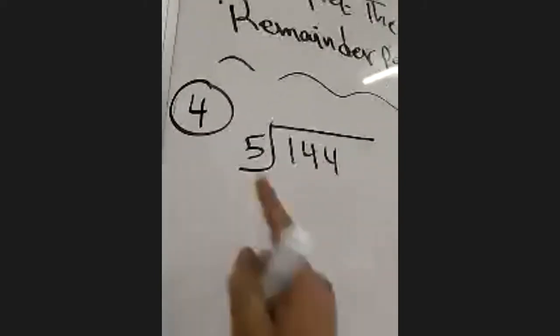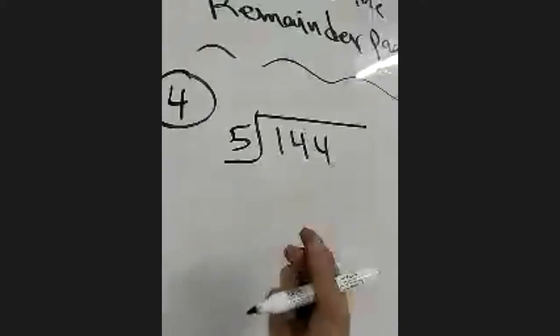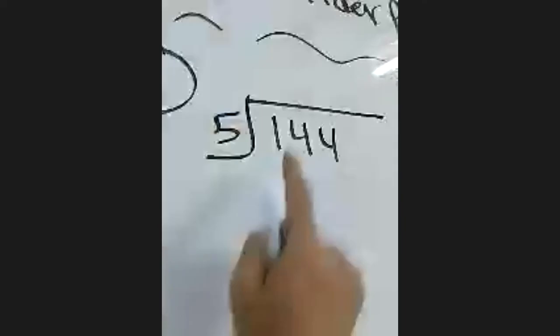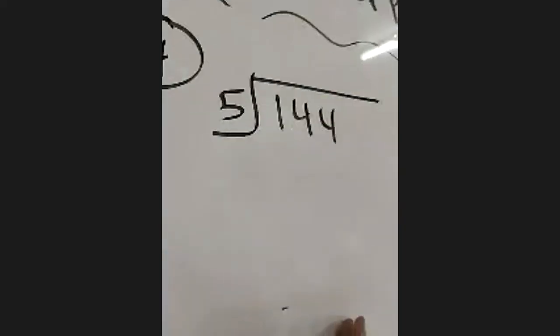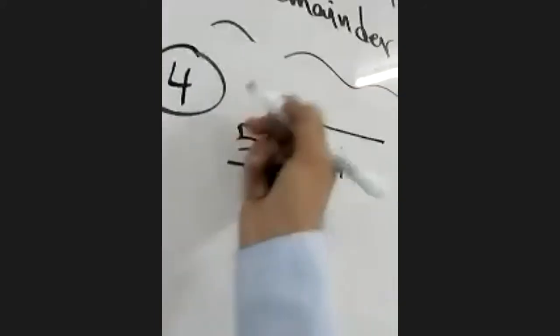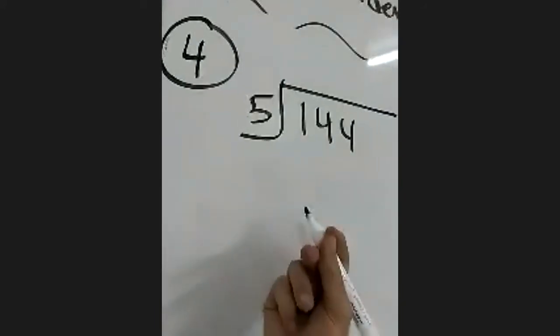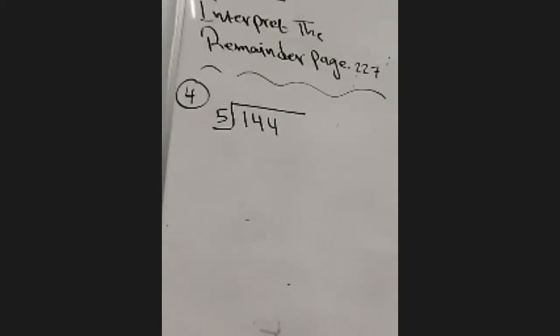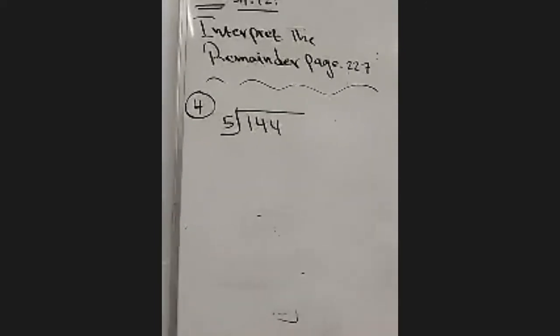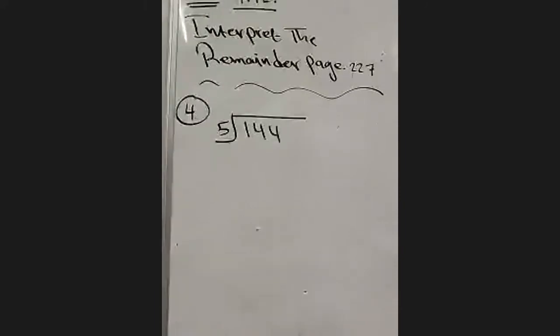No, mister, not 5 divided by 1, this is wrong. What's the correct one? 1 divided by 5, we can't, so we take the 4 with it. 14 divided by 5 equals 2.